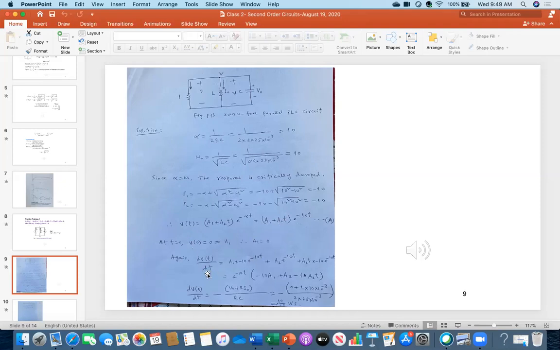What I am doing here, I am taking the time derivative, dv by dt, of this expression. Everybody see. So dv by dt, and then you will see A1 multiplied by this one, then plus A2t multiplied. So there are two terms, so you have to do it twice. First you see A1 and then this one, minus 10 e to the power minus 10t time derivative.